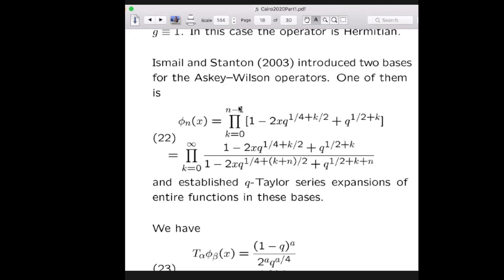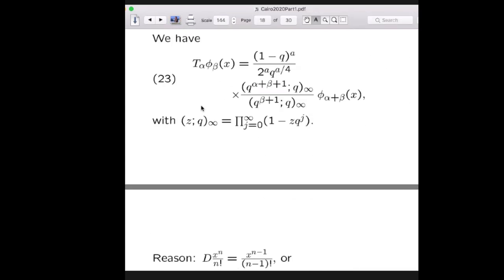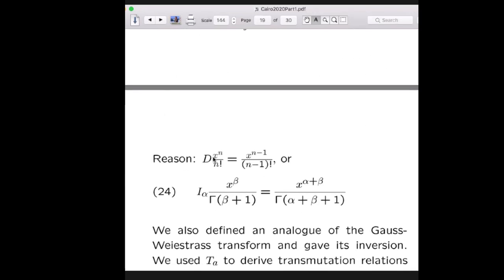You see, this is a product of n terms, and this is what corresponds to x to the n in the Askey-Wilson setting. What I want is the analog of x to the n. If I take x to the n over n factorial and differentiate it, I get x to the n minus 1 over n minus 1 factorial. So I want something like this.